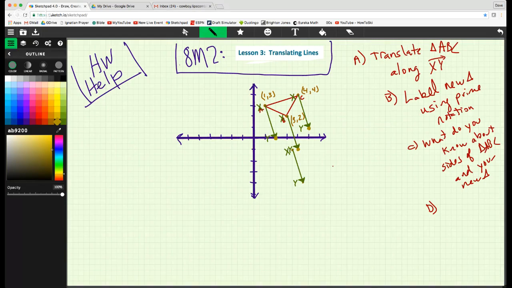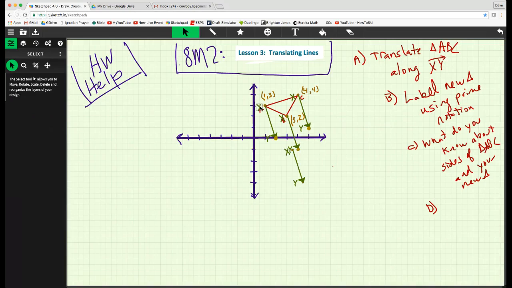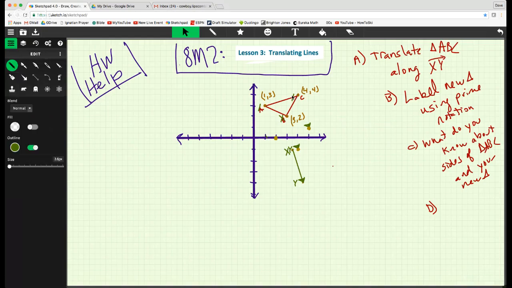And now let's just look at that real quick. I'm going to get rid of these old lines, just getting rid of these old lines to hide them, get them out of the way.